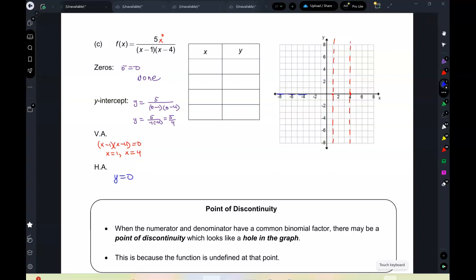Now I want to say something else. The degree in the denominator, right? What do you think is the degree in the denominator? Not 1. It's 2. But why is it 2?